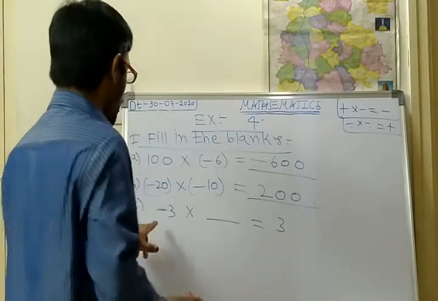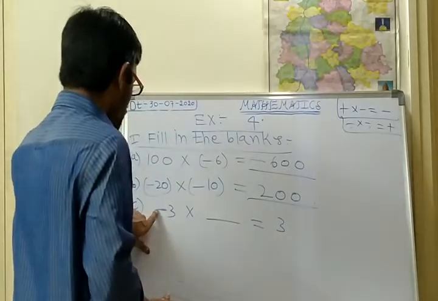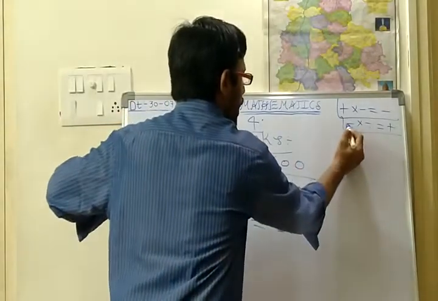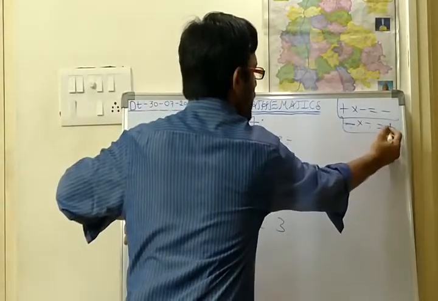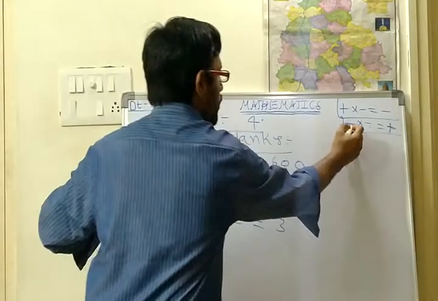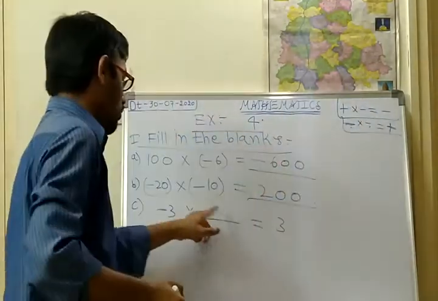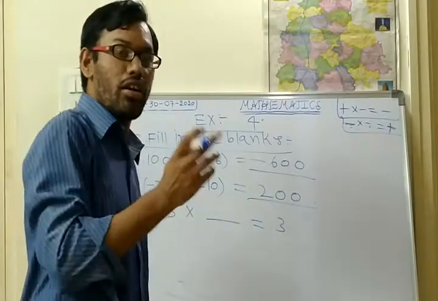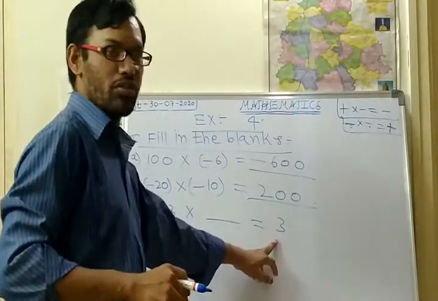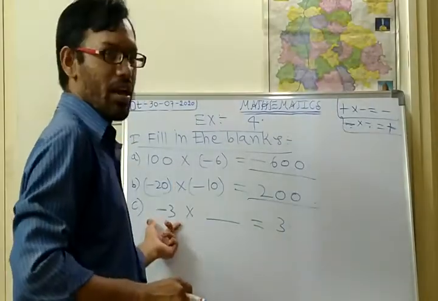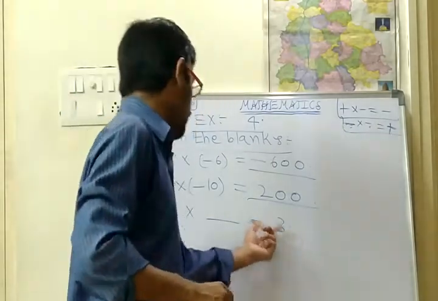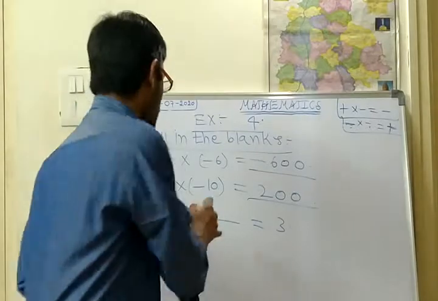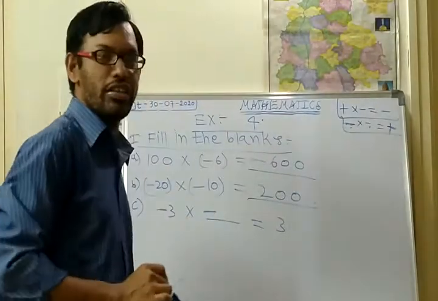Here one is negative and the result is positive, so both numbers should be negative. We know that the product of two negative integers is a positive integer. One negative integer is already given, so to make this a positive integer, a negative integer compulsorily should be there. Forget about the minus for now, the minus will compulsorily be there.